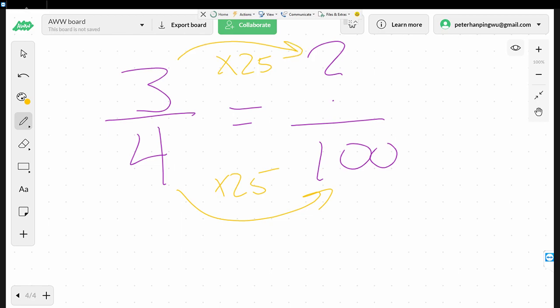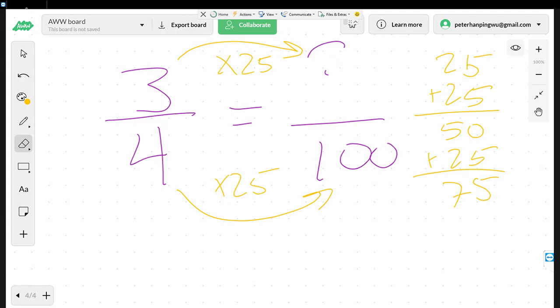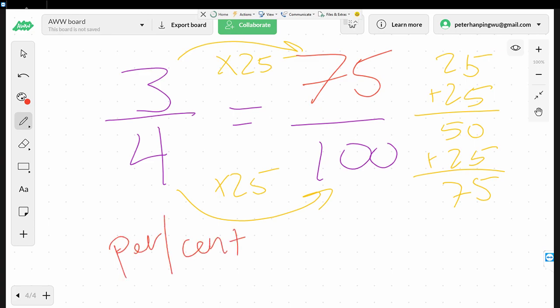What's 3 times 25? 25 plus 25 gives us 50, plus another 25 gives us 75. So I can erase this question mark. 3/4 is the same thing as 75%.